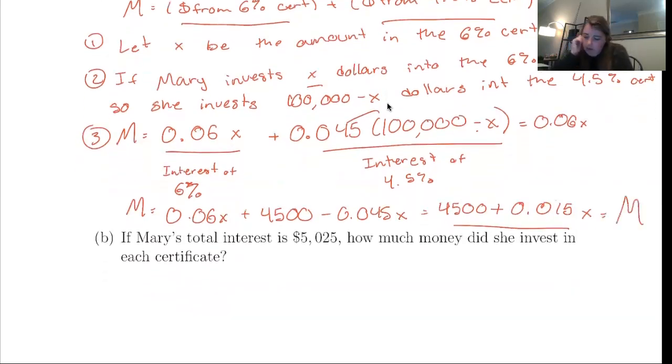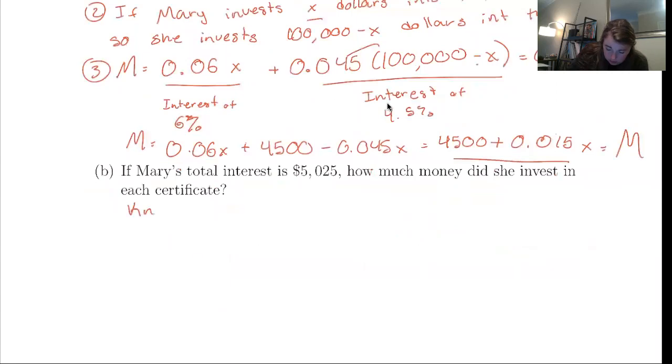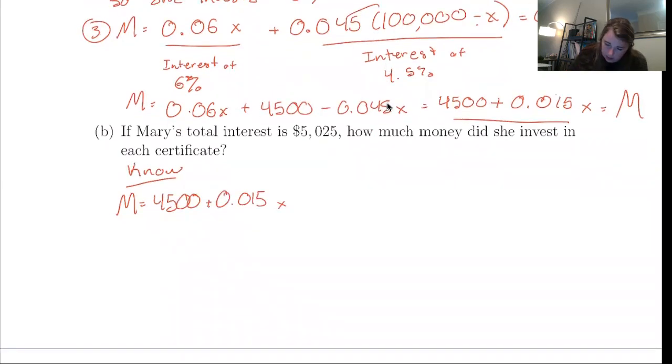Put a big M right here. So if Mary's total interest is $5,025, how much money did she invest in each certificate? So we know this equation, this function, and we know that her total interest is that much.